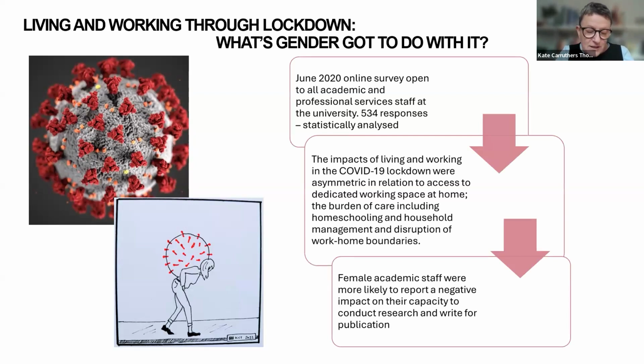Women were disproportionately disadvantaged in terms of access to dedicated working space, the burden of care in the household, including homeschooling, and the disruption of work-home boundaries. And in addition, female academic staff had experienced specific challenges in terms of research productivity.